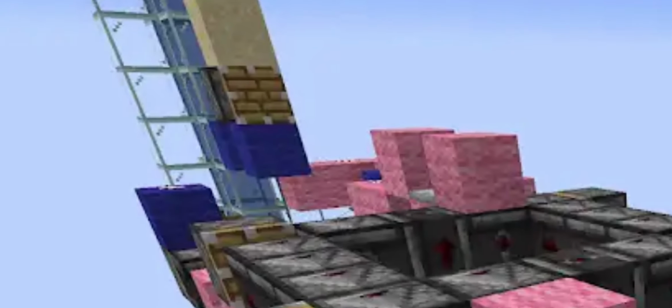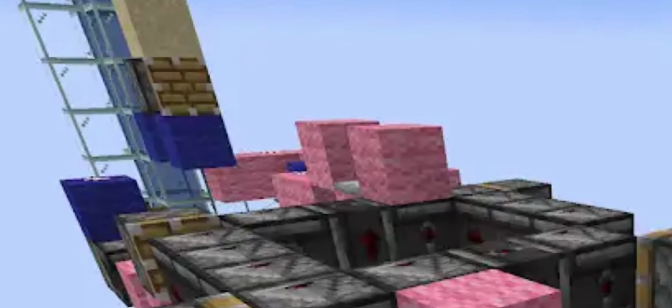It's connected to the block over there, which I assume is powering a redstone torch, which means it's activated. And then when it turns off, it activates.